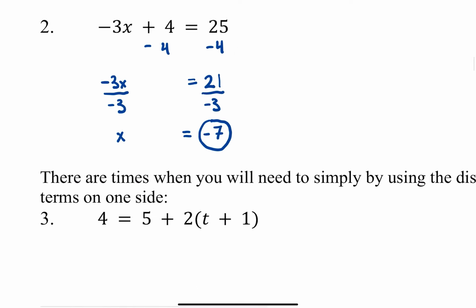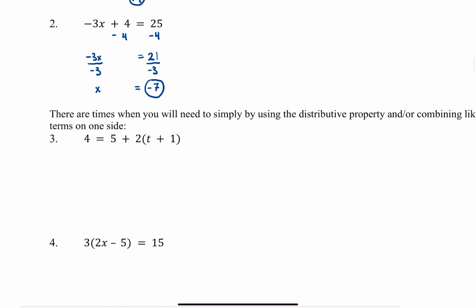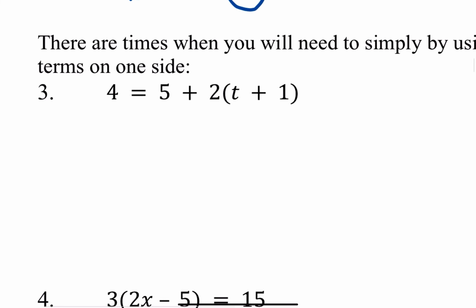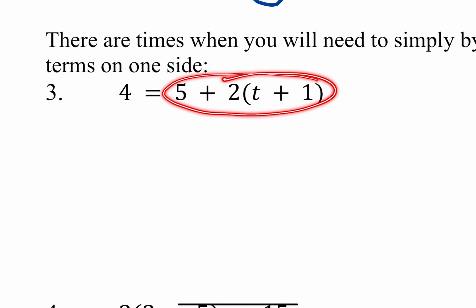The next section tells us there are times when you need to simplify before using the distributive property and or combine like terms on one side. So in the case of number 3, the variable we're solving for is t. But before I start moving things around, like I could subtract 5 now if I want, I would always encourage you to simplify first.